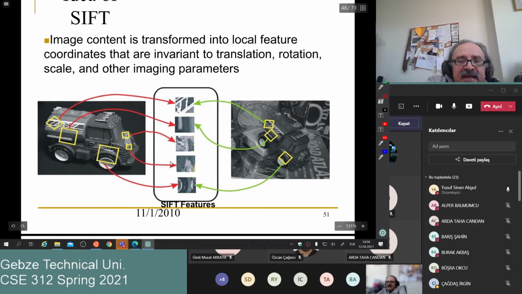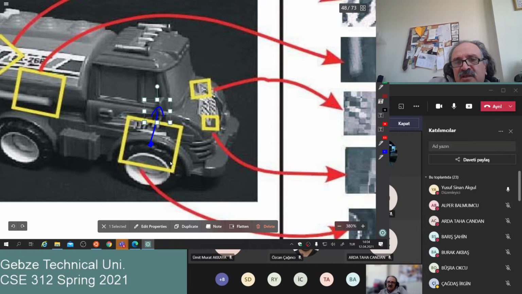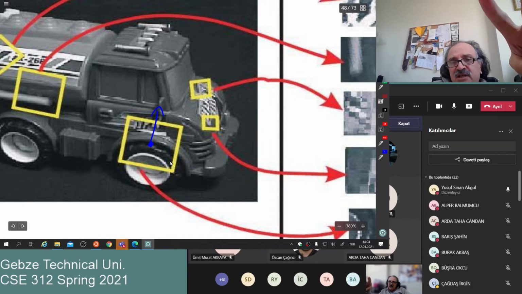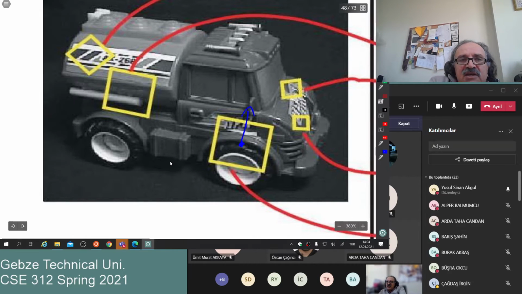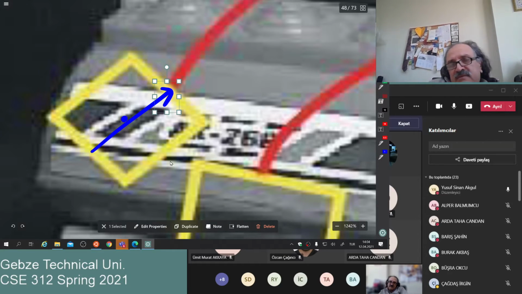SIFT will tell you that I find the interest point here. Its orientation is this way, and it is this large. So it will tell you the orientation and the size of the interest point. Here, the interest point is this way, the orientation. Size is this much, and the position is here.